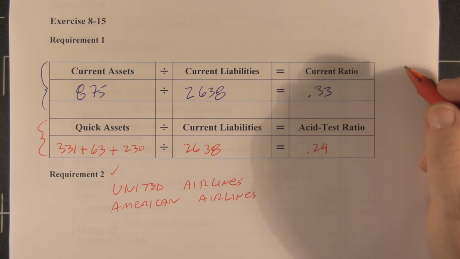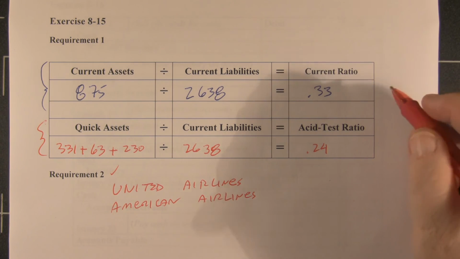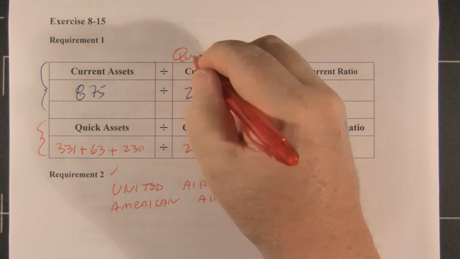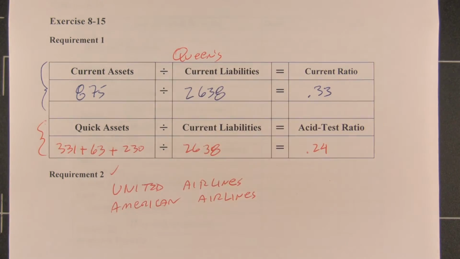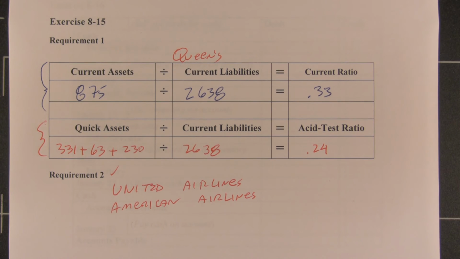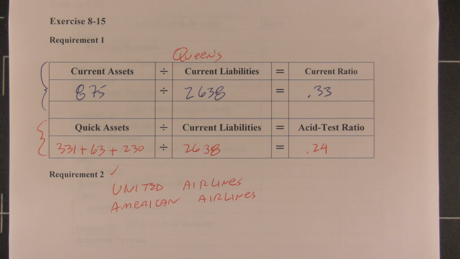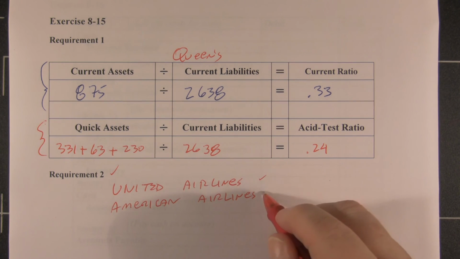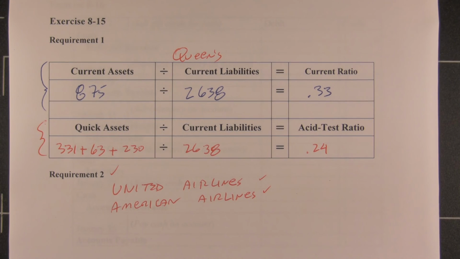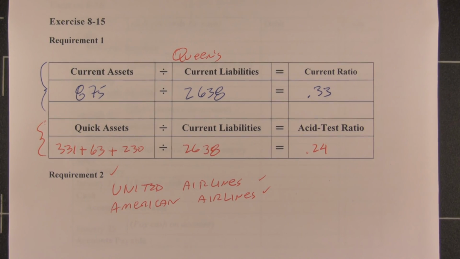Well, our company, which is Queens Line, this is the fictional Queens Line air freight or airline or whatever, has a lower current ratio and a lower acid test ratio than either of the two entrants mentioned in the text.